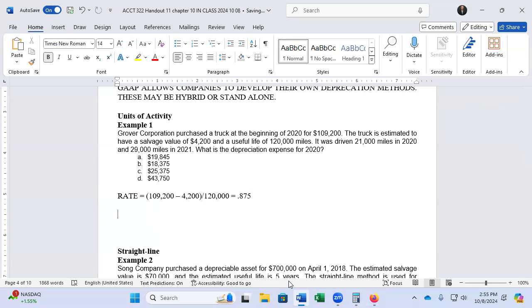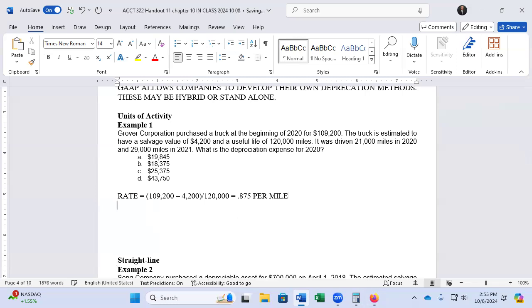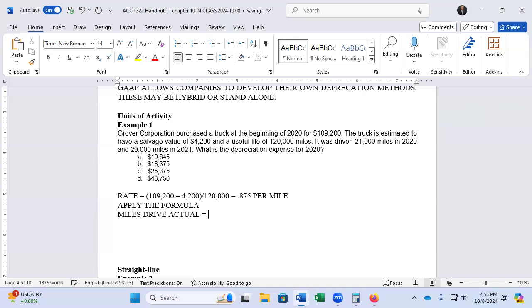And then what we're going to do is multiply, because that gives us per mile. Now we have to apply the formula. Miles driven actual equals 21,000, because we're trying to find depreciation expense for 2020.